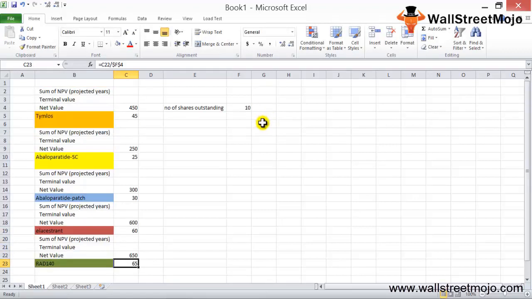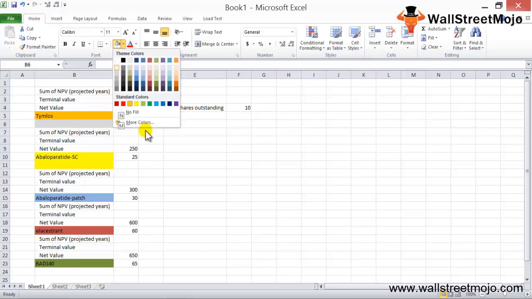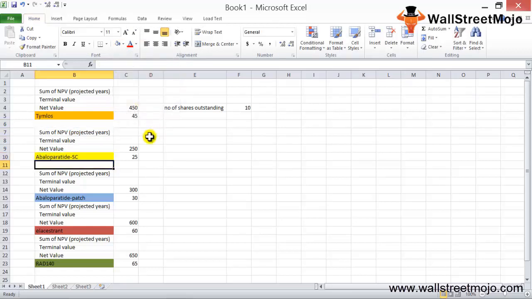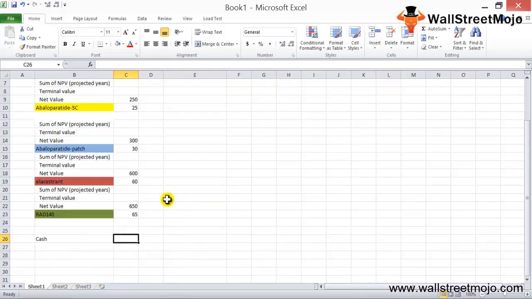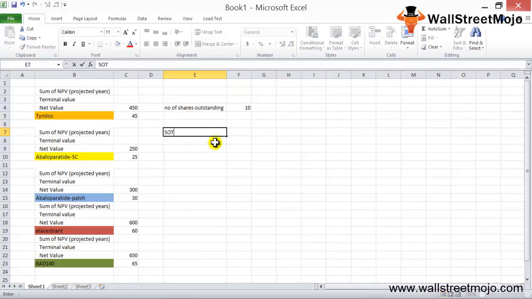So as you can see, we have arrived at the value. These values can be summed up to get the value for SOTP. I'll just do it here. So the value for SOTP is going to be this plus this plus this plus this, and the final one here.